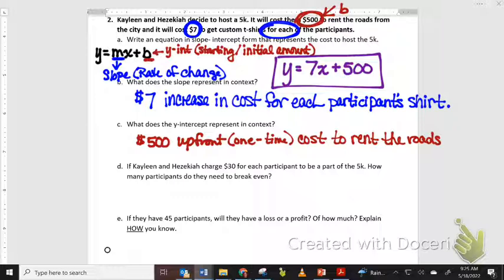If Kayleen and Hezekiah charge $30 for each participant to be a part of the 5K, how many participants do they need to break even?